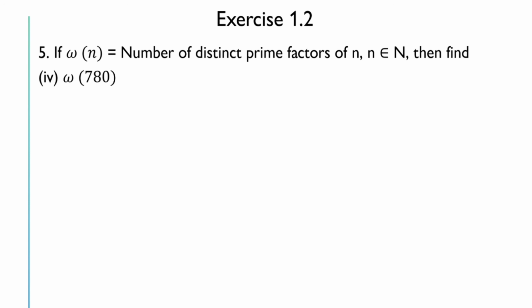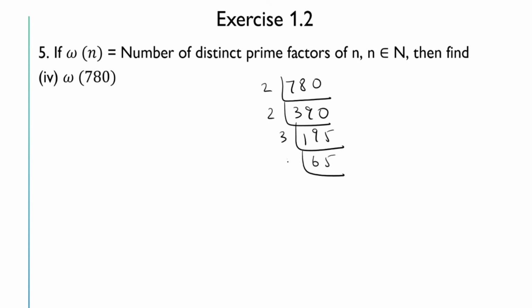Next question is omega of 780. So let us factorize 780: 390, 195, 3, we have 65, 5, 13.